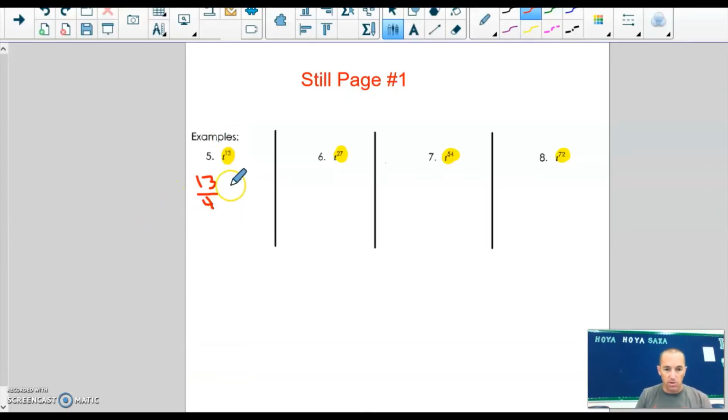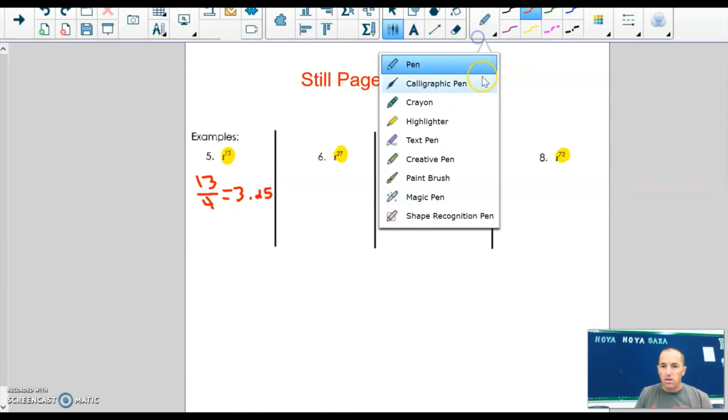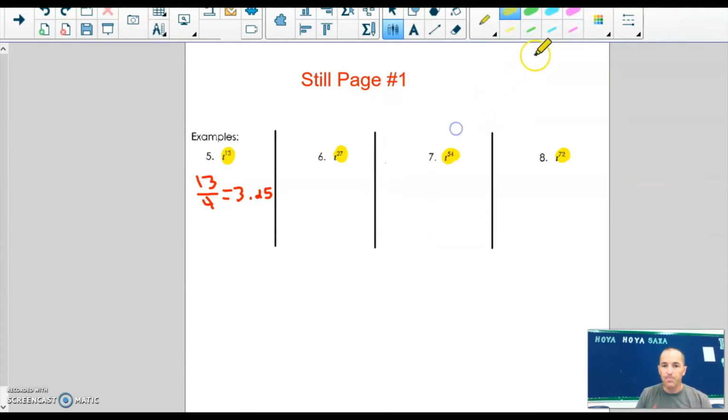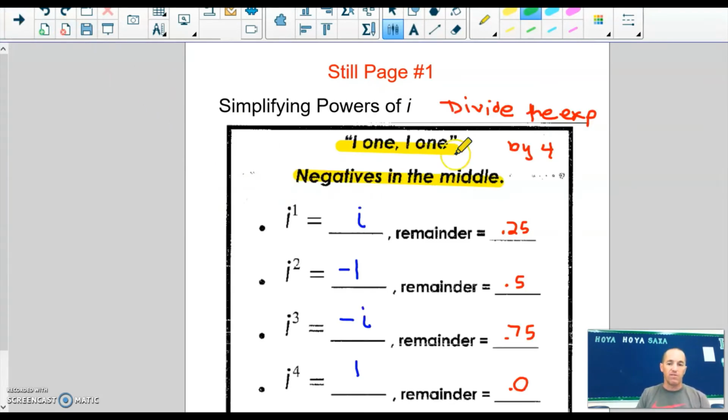So the important part we're looking at is the remainder right here, this 0.25. We're going to come back to that chart and figure out that 0.25 is sitting right here.